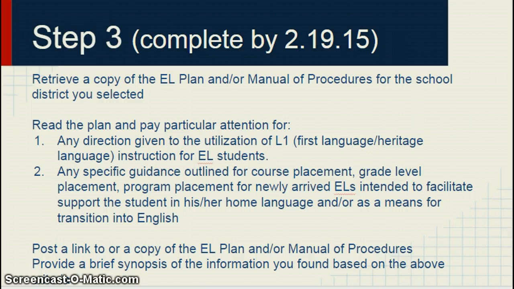Your school district may actually have that posted on their website. It might be where you need to contact the coordinator of federal programs or ESL, based on the design for your school district and knowing if they have either or both.